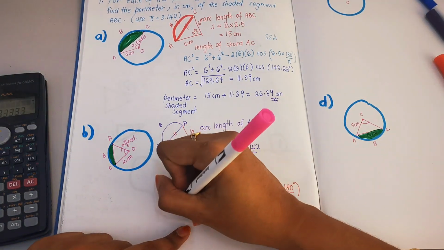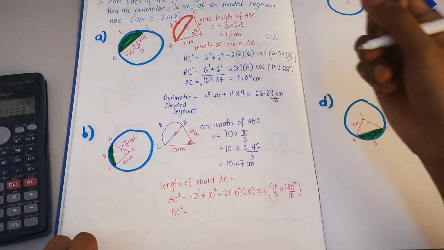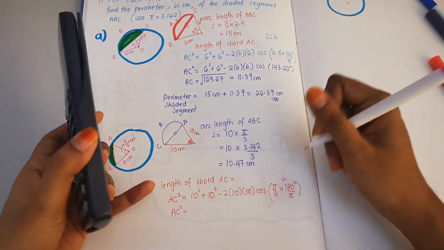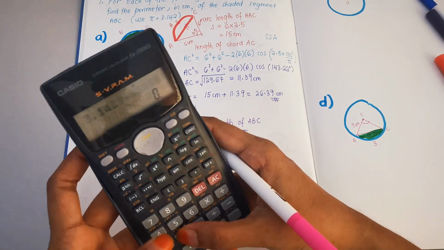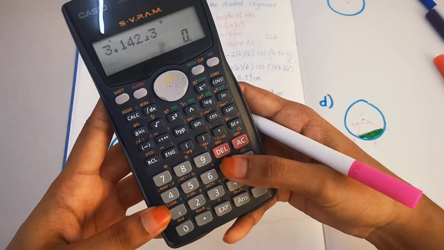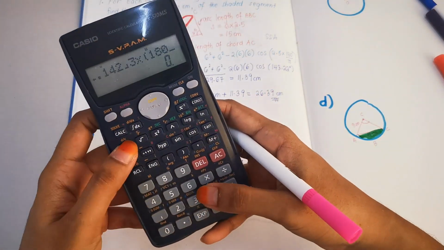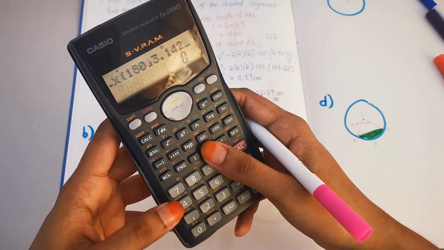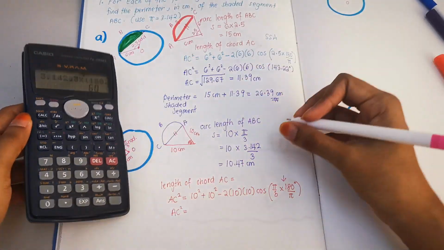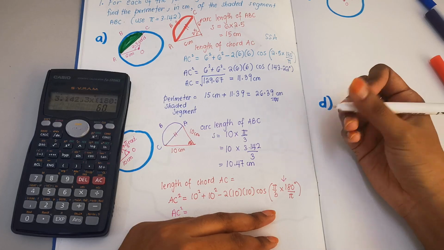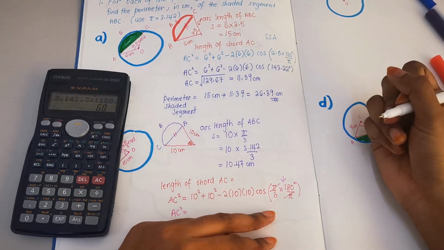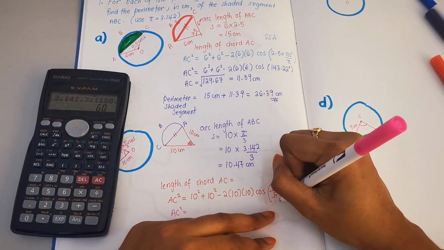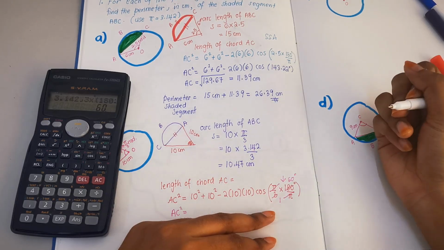When you change this, make sure that you write 3.142. So this one I'm just going to calculate on the side: 3.142 over 3 times 180 over 3.142. So this is 60 degrees. Actually, instead of calculating, you can cancel: 3.142, 3.142, and here you will get 60 degrees.